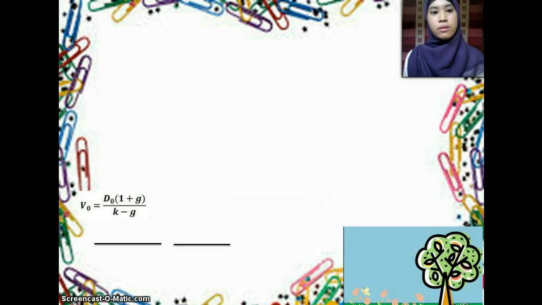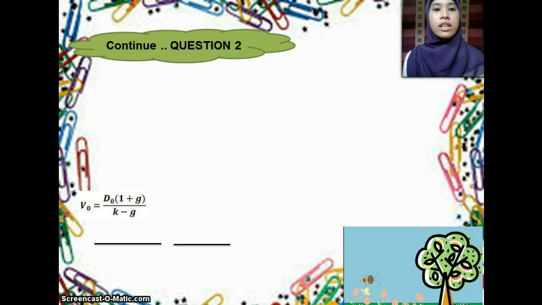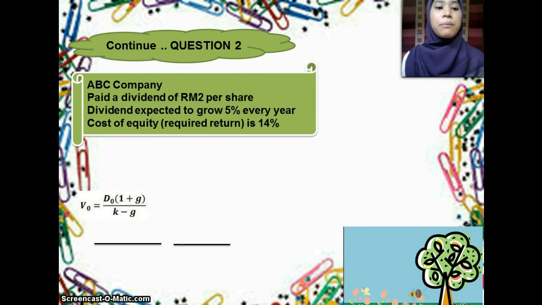Continuing question number 2 to calculate the valuation of the stock. ABC company intends to pay RM 2 per share and is expected to grow 5% every year. The cost of equity or required return is 14%, which you get from CAPM in the previous slide. The formula for the value of stock is V0 equals D0 times 1 plus g divided by k minus g.